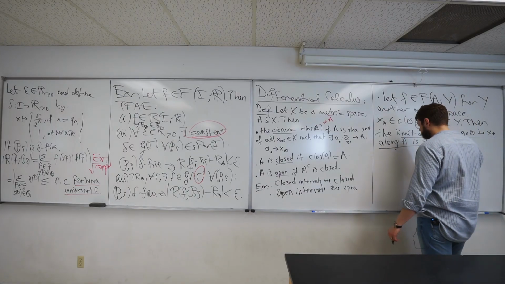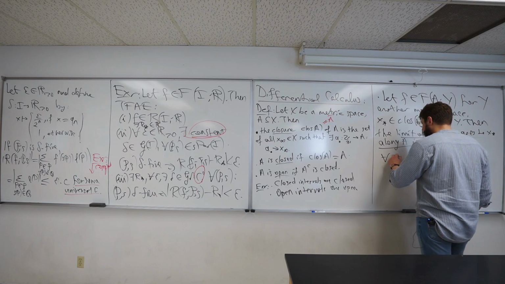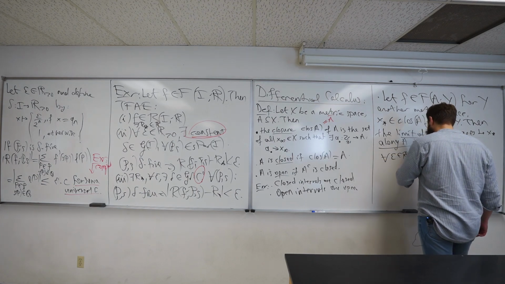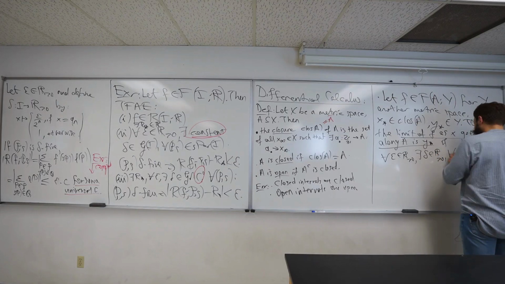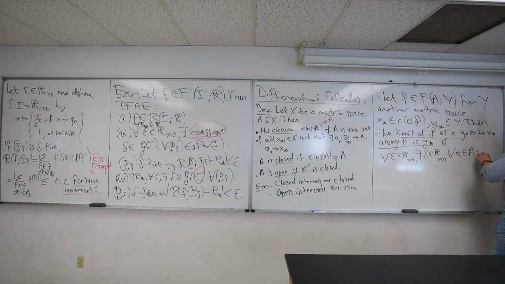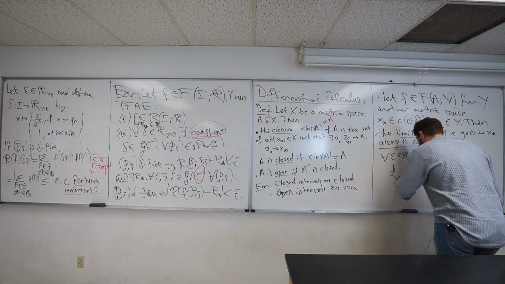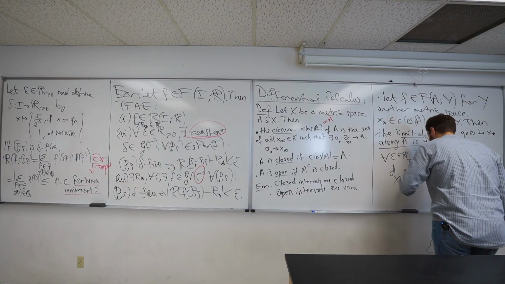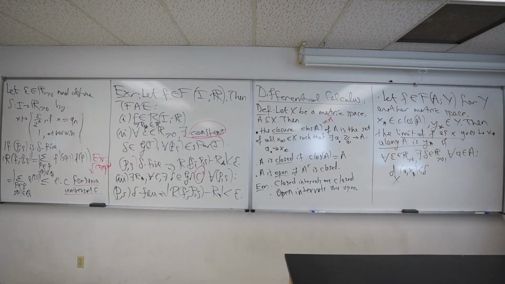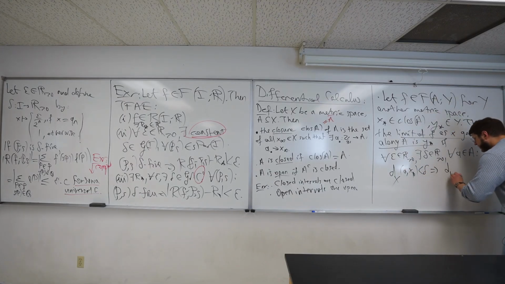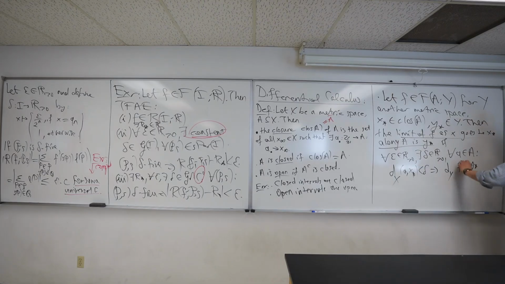if, we can use epsilon-delta here, for any epsilon, there is a delta such that for any a in A, if a is delta close to x star, then f of a is epsilon close to y star. Okay.